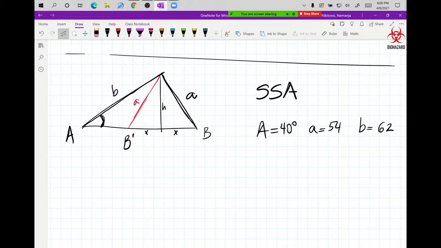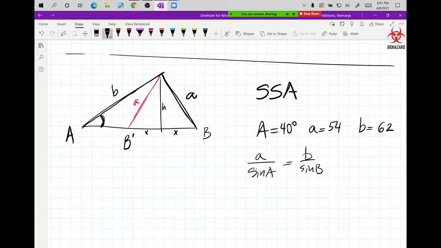What are we looking for? We are looking for the angle at B. That's what we're looking for, because that's the only thing we can compute. We can't compute anything for C because we don't have anything for C. So the only thing that we can do is A over sine A equals B over sine B. And when you solve for sine B, you can use later, as we'll see, inverse sine to come up with a number.